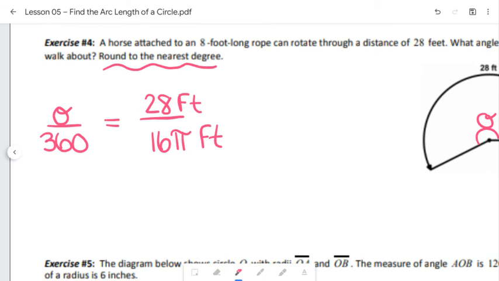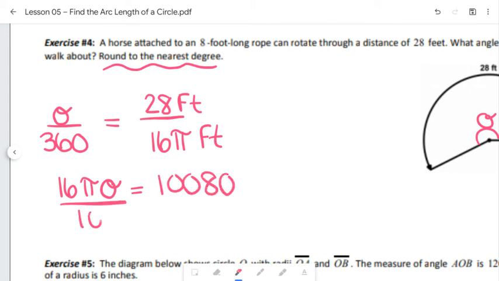So I cross multiply: 16 pi theta, and then I multiply 360 times 28 to get 10,080. And then I divide both sides by 16 pi.